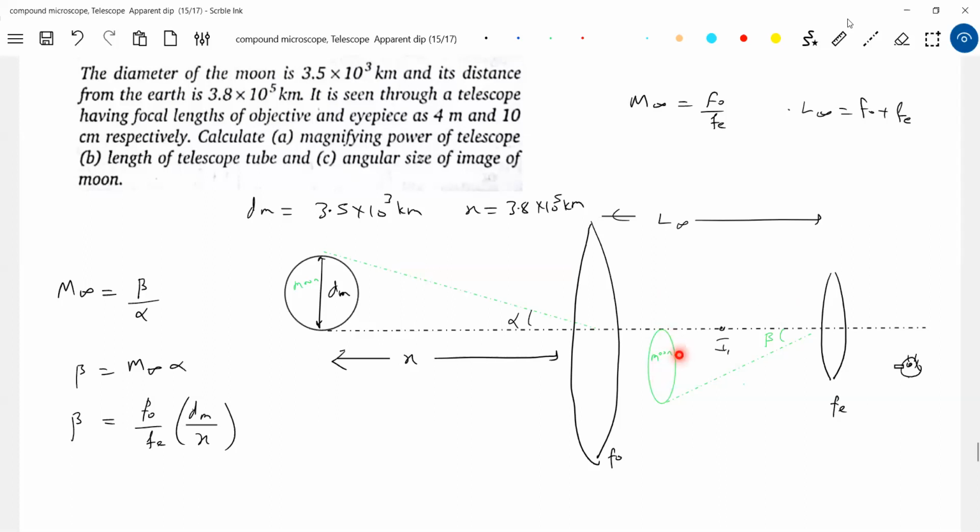It's not asking for the diameter, it's asking for the angular size of the image of the moon, that beta. If you want, I'll change this to the angular size of the image of the moon formed at near point, but nobody should ask that. To make you understand, I'm changing the problem. What is the formula for M25?